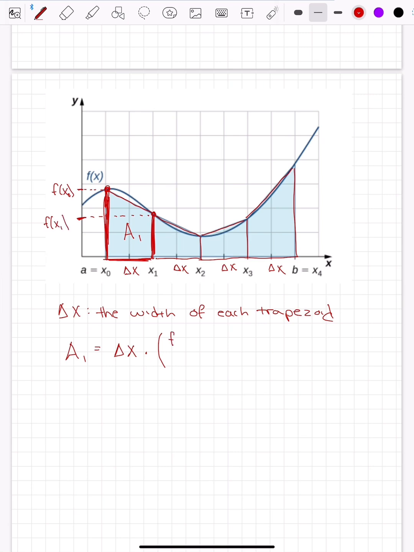So this is change in x times f of x0 plus f of x1, all divided by 2.